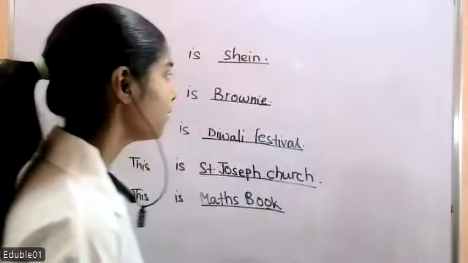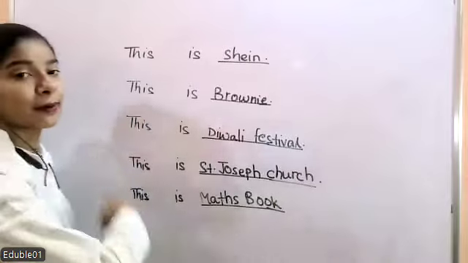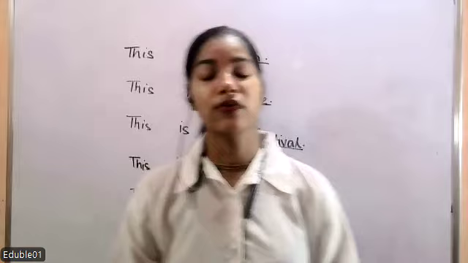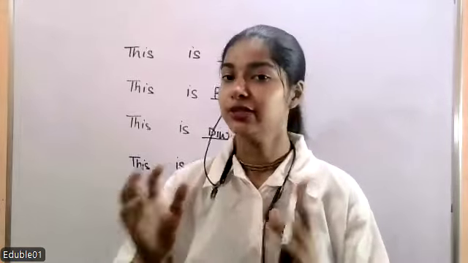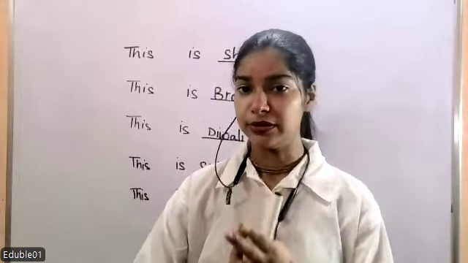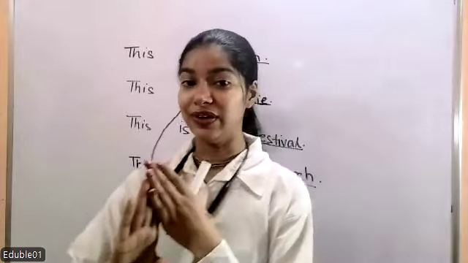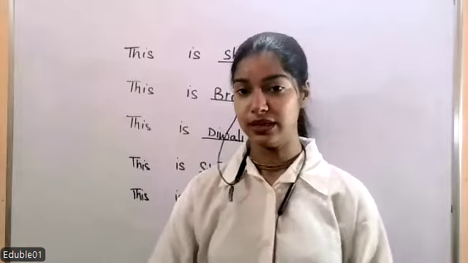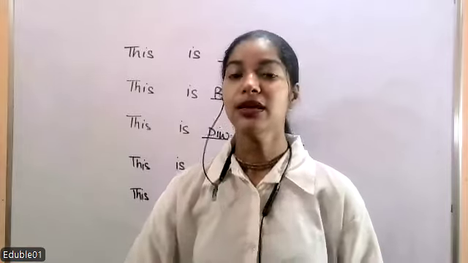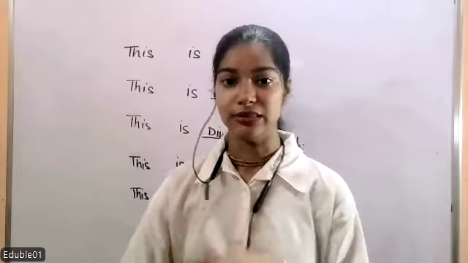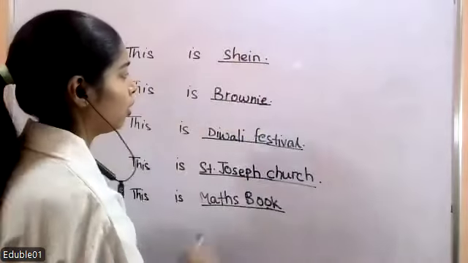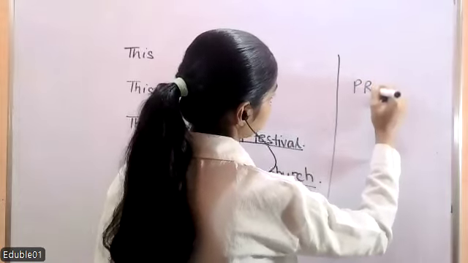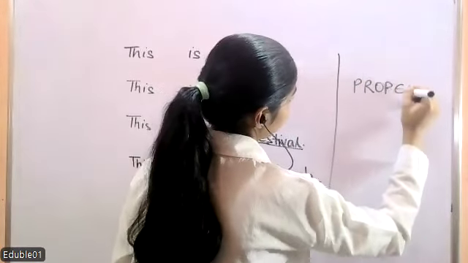So whenever we are talking about a very specific thing, or we are pointing towards a very specific thing, a person, place, event, animal, it can be a day's name, a month's name, or some person's name, these are called proper nouns.